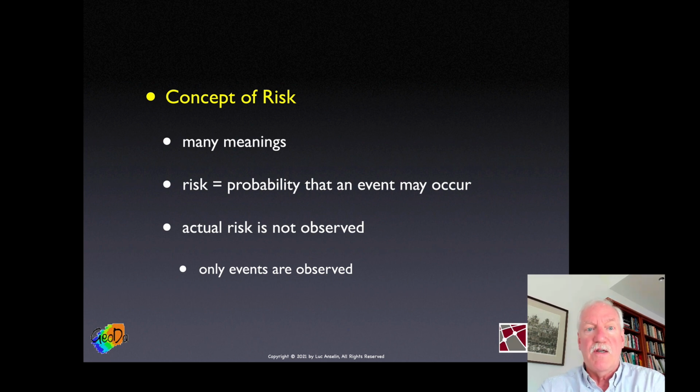So our objective here is to obtain an estimate of the risk, and then specifically in a spatial context, to map this estimate of risk at different locations to assess the extent to which it's homogeneous or heterogeneous over space.